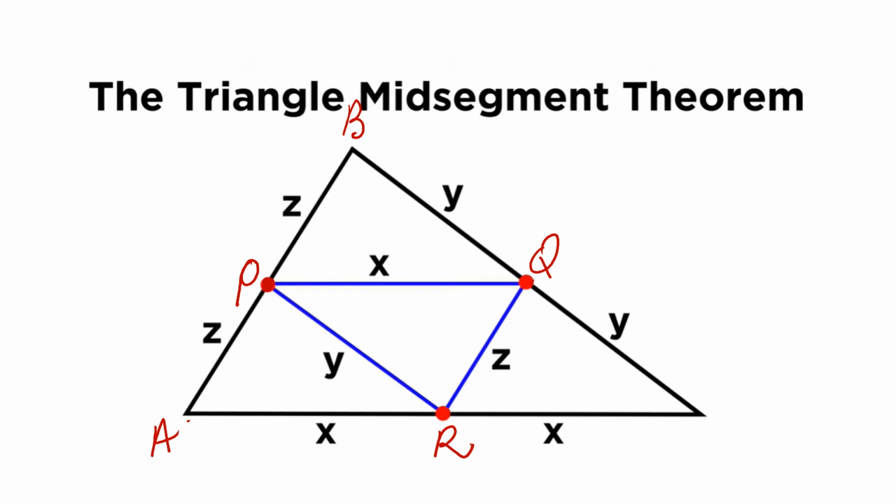Similarly, Q is cutting BC into two equal parts. AR is cutting AC into two equal parts. So P, Q and R are the midpoints of AB, BC and AC respectively. Now what have you more observed?